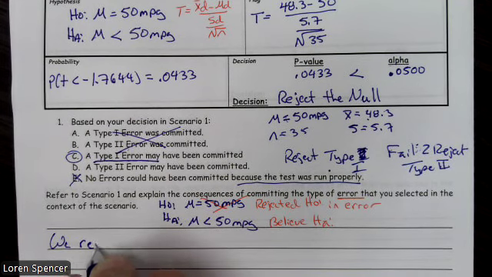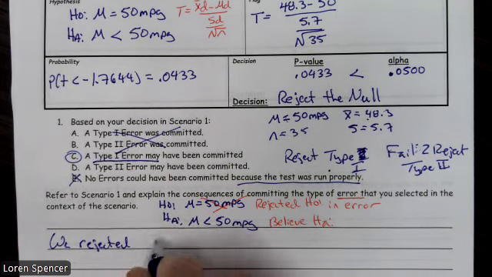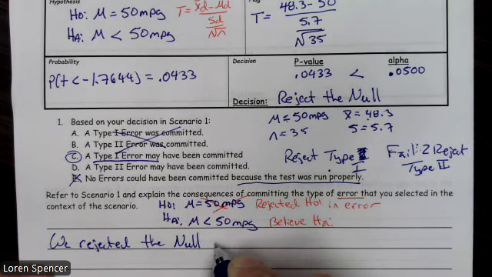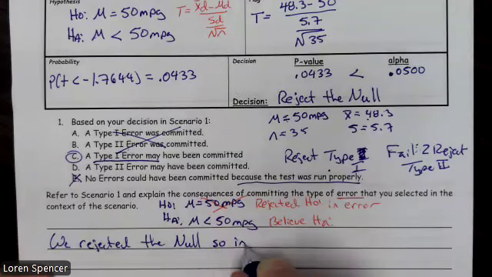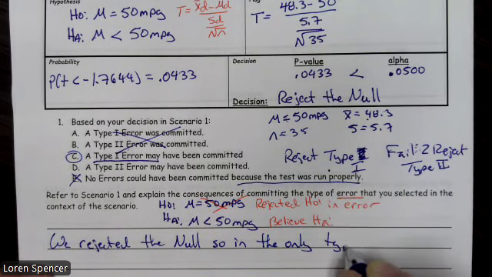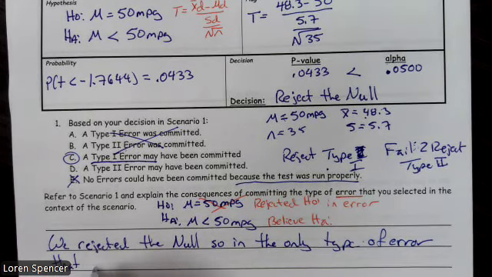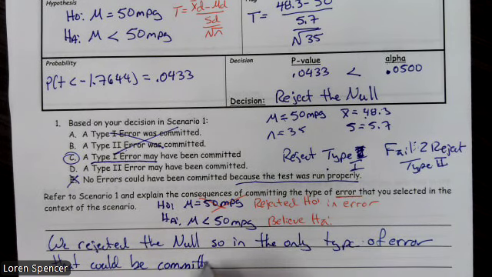We rejected the null, so the only type of error that could be committed is a type 1.